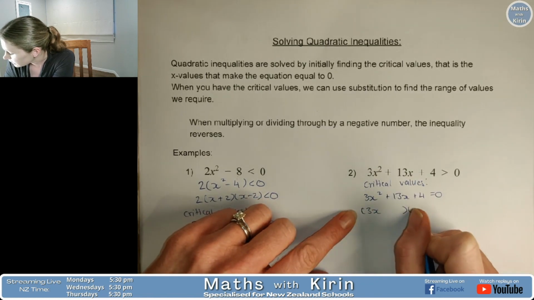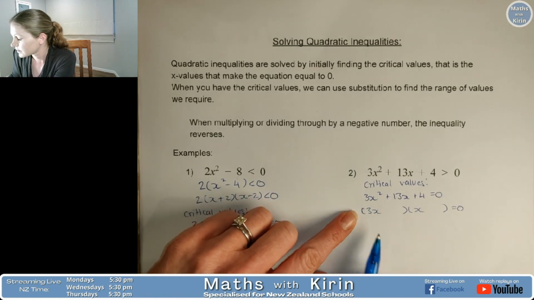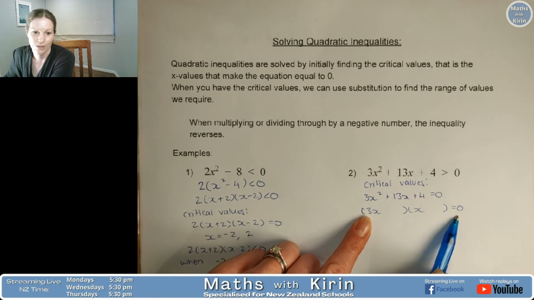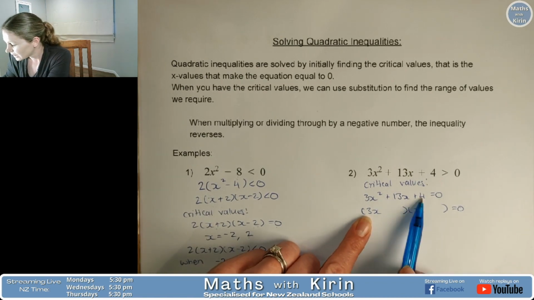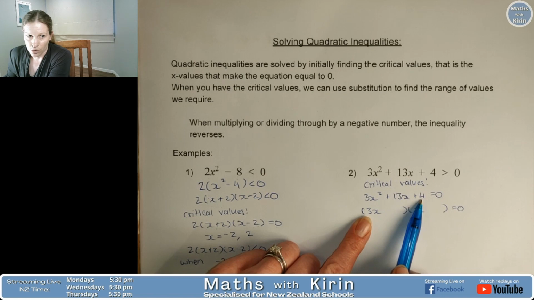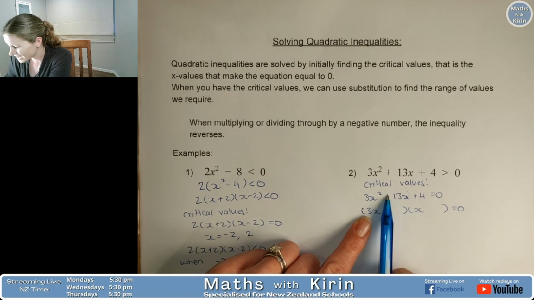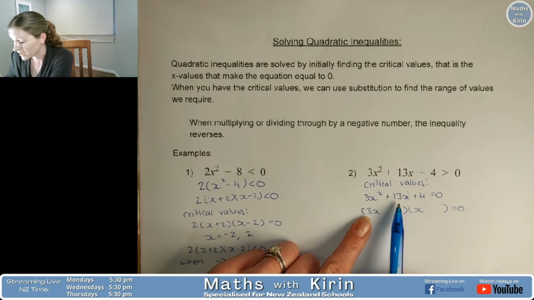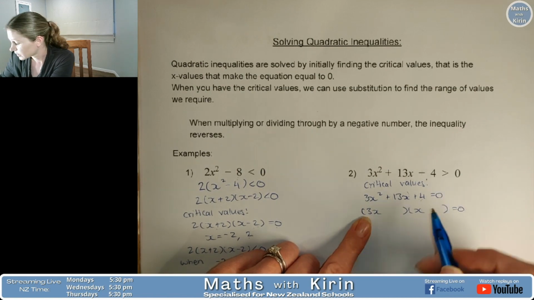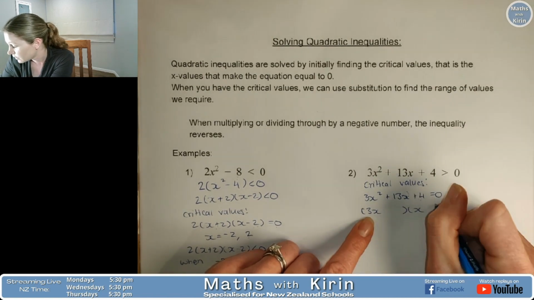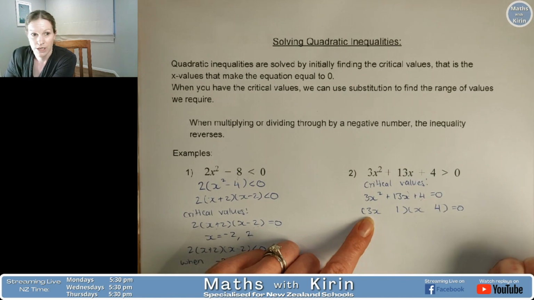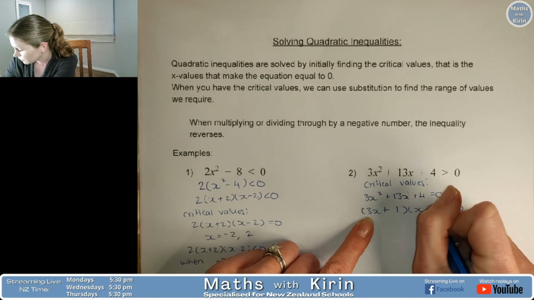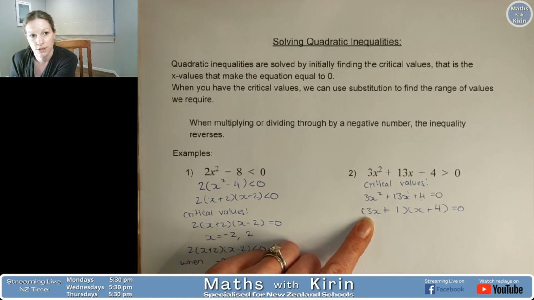Factorising, again, that 3x squared means that we have a 3x and an x, and we make it equal to 0, so we don't forget that bit. We can either have a 4 and a 1 or a 2 and a 2. We need to get to 13, so I'm going to try 4 and 1 first, because I know that 4 times 3 is 12, plus 1 is 13. And they're both positive, because we have positive 13x, positive 4.